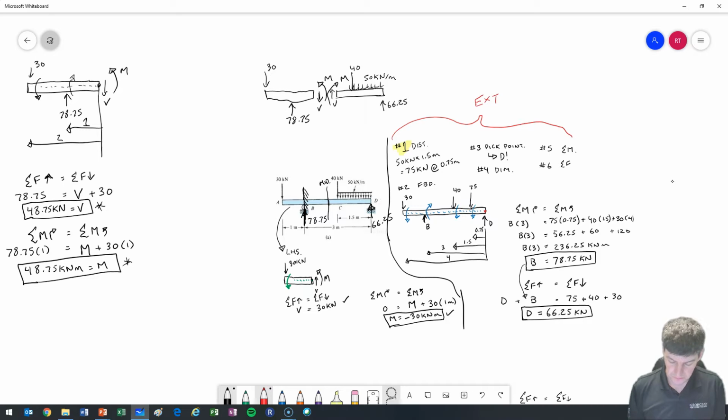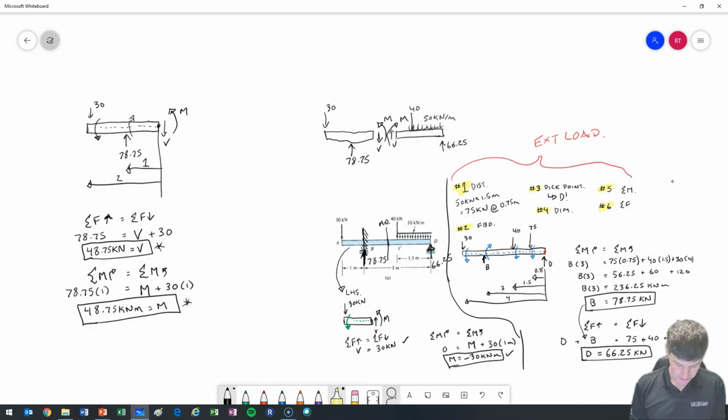So this was old content. Okay, but this is the pathway that we went through to find our external loads. So we found our distributed load, we drew a free body diagram, we picked a point, we figured out our dimensions, and then we did our math with our sum of moments and sum of forces.